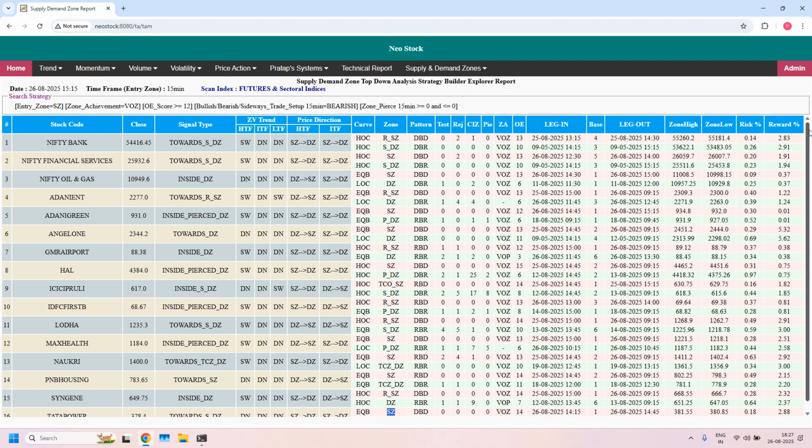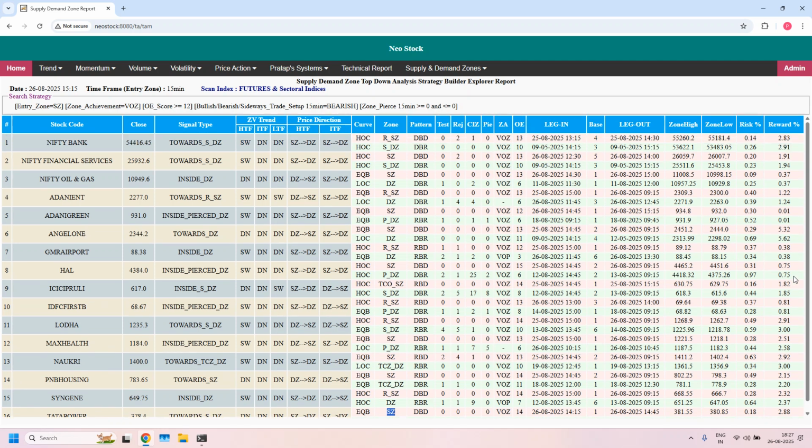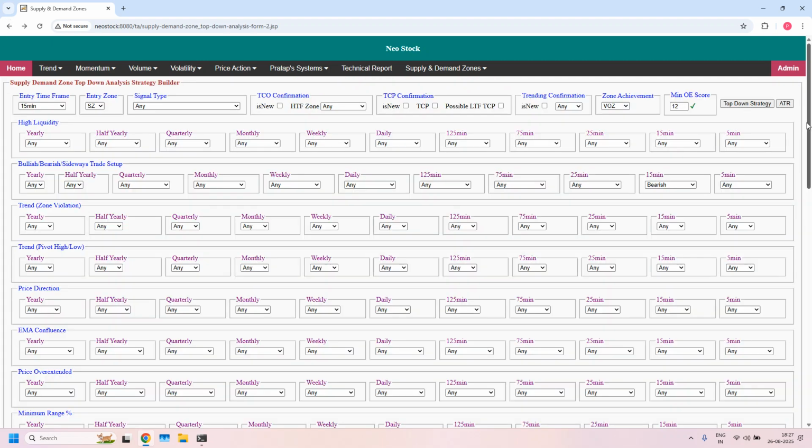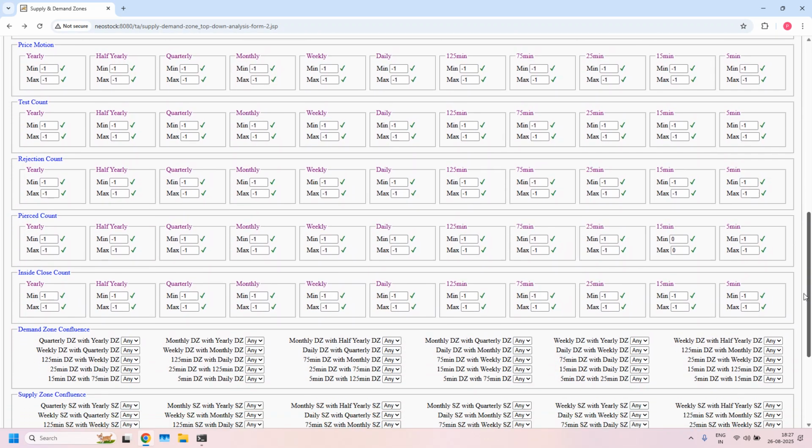So first 15 in the list, scrolling the list down, total 16. Out of these 16 supply zones, how many are having more high probability to get success? That we will filter based on different zone confluence and EMA confluence strategies that we learned in lesson 27.